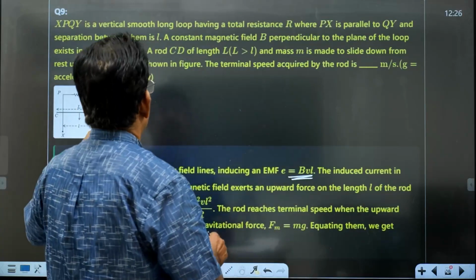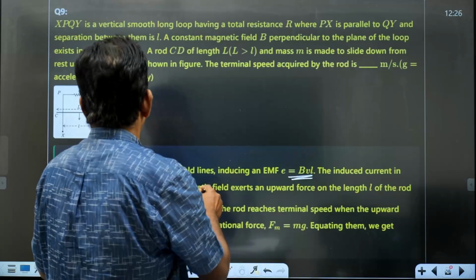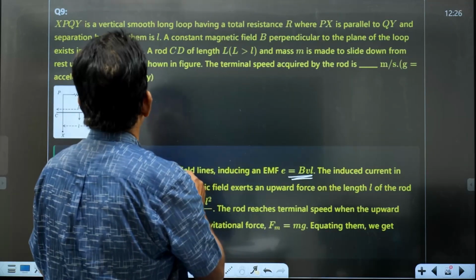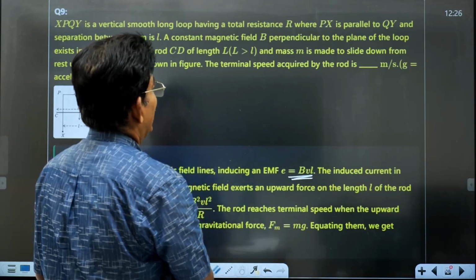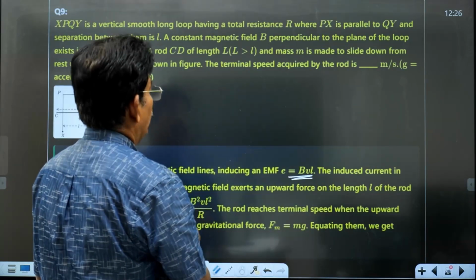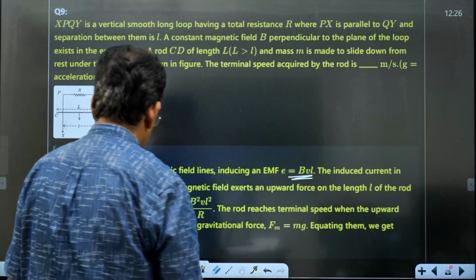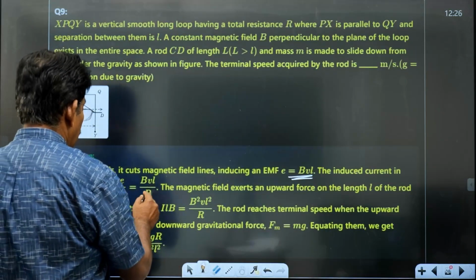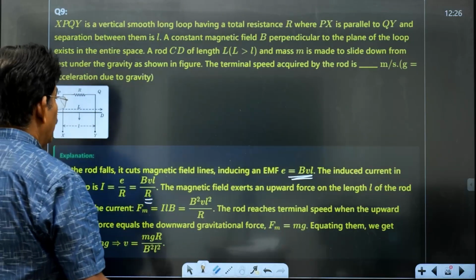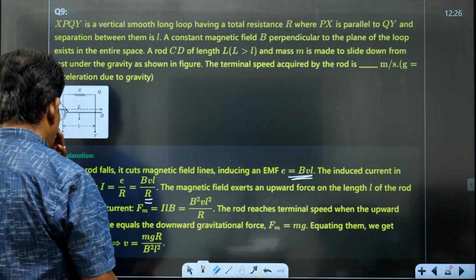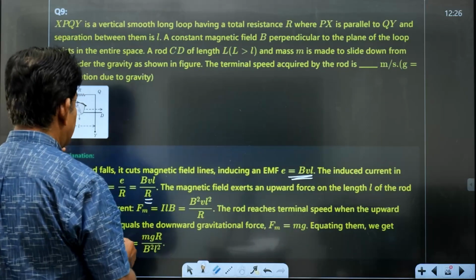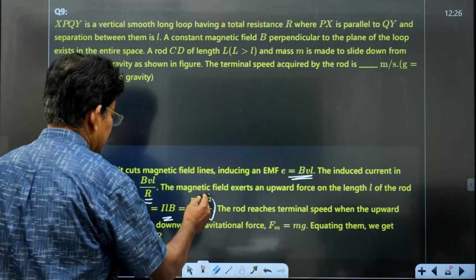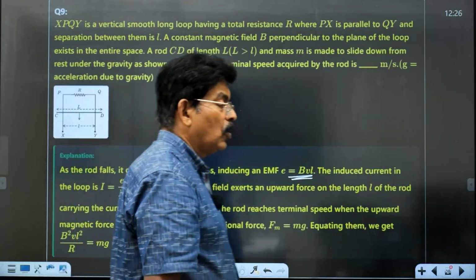So note that the length of the rod is given to be capital L, but whole L is not in the region of magnetic field, so it will be only small length, so BVl, correct? Now current through it, because it's a conducting wire, is given by BVl by R. And you know that when a current is passing, there will be a magnetic Lorentz force acting given by BIl, that is B square l square V by R.